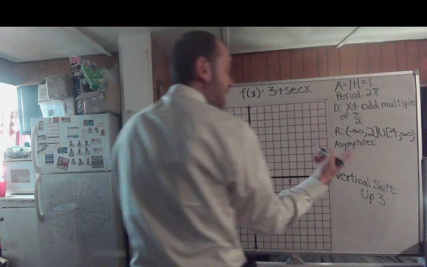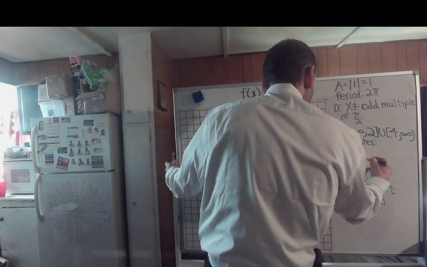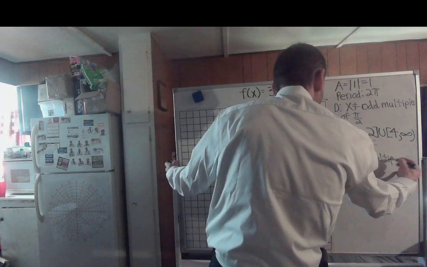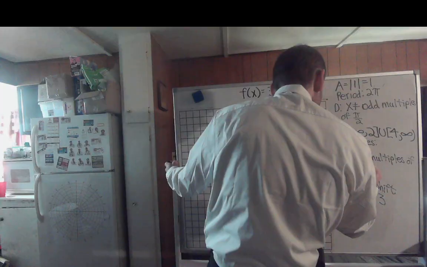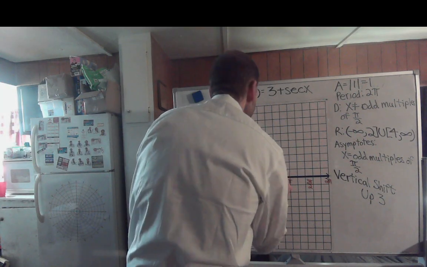So that means your asymptotes, again, would be at x equals those odd multiples of pi over 2. So let's go ahead and plot these asymptotes, just for simplicity's sake.